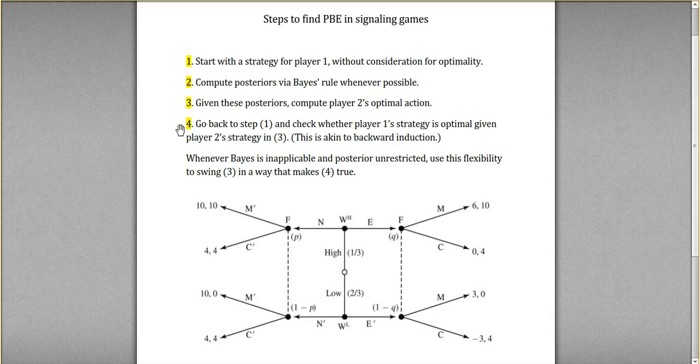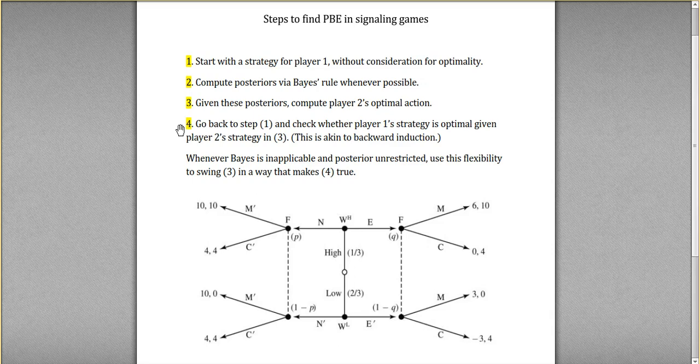So player 1 is going to be thinking, if I do A, then player 2 is going to have this posterior, this assessment, and is going to respond in this way, and I'm going to get this utility. On the other hand, if I do B instead, player 2 is going to reassess the situation, is going to respond in a particular way. That's step number 3. And I, player 1, am going to get a different utility.